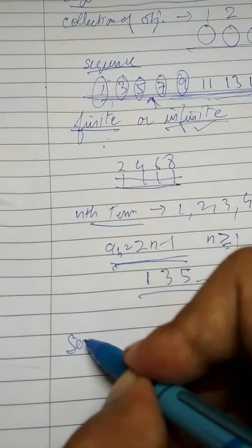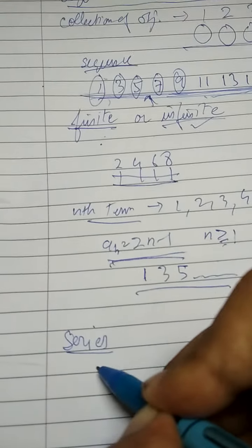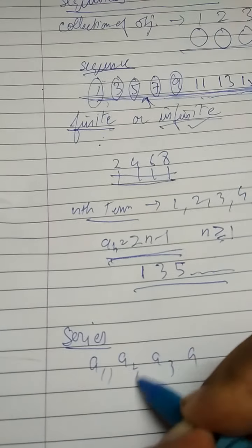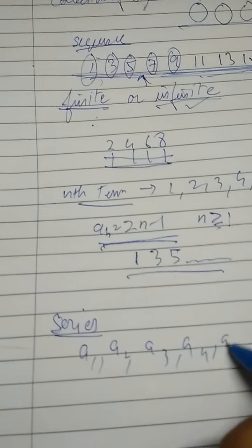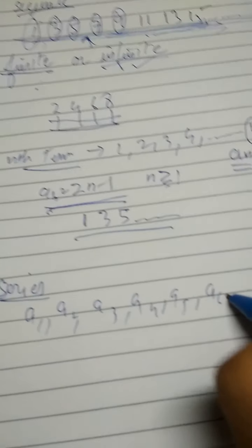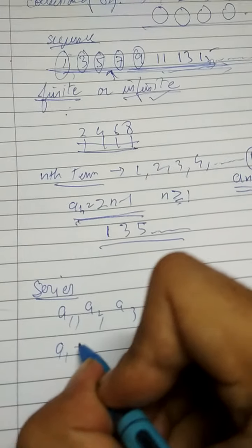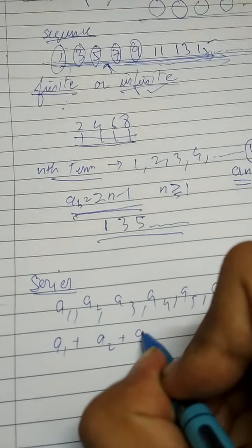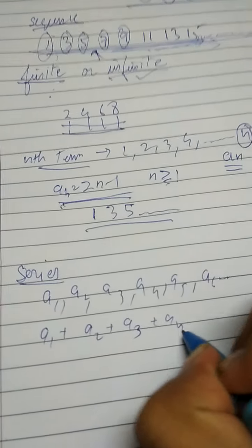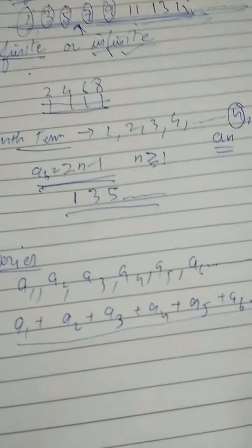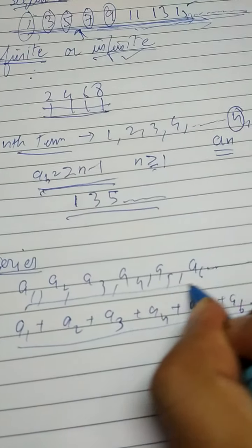Now what is a series? If we have a sequence a1, a2, a3, a4, a5, a6, and so on, and we add them, then this is known as a series for this sequence.